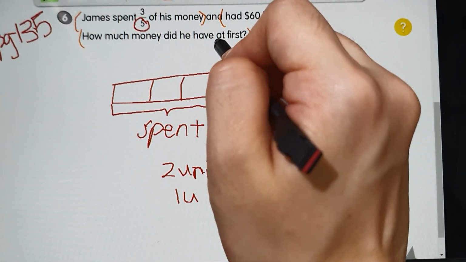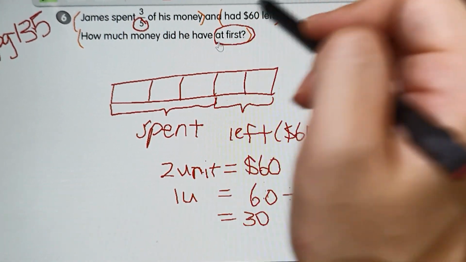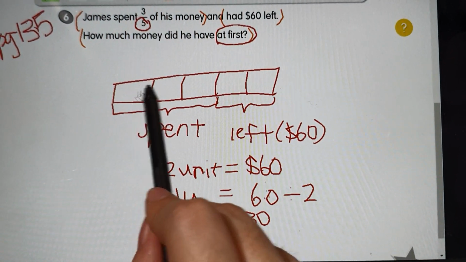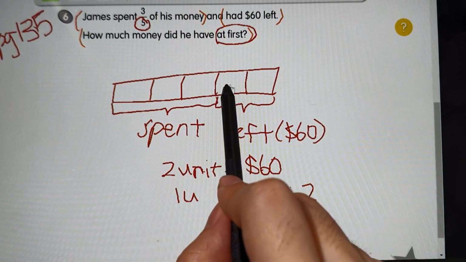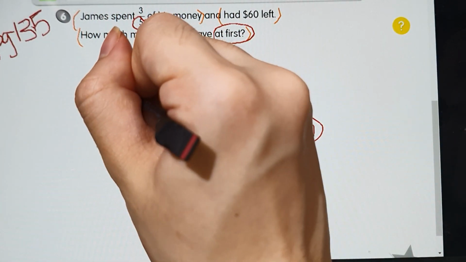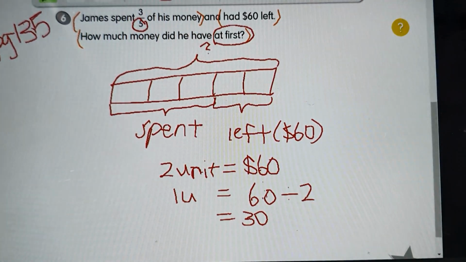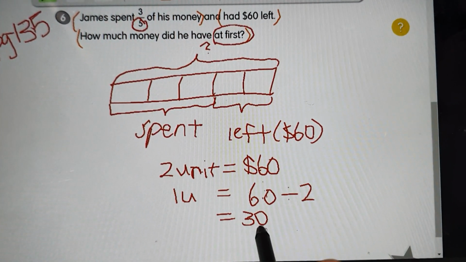And since I want to find how much money he has at first, meaning in the beginning, in the beginning I will have 1, 2, 3, 4, 5 units. So at first actually represents 5 units. So I know 1 unit is $30.